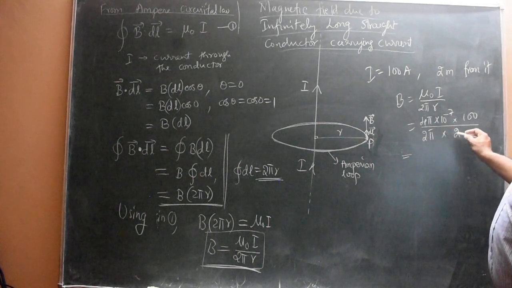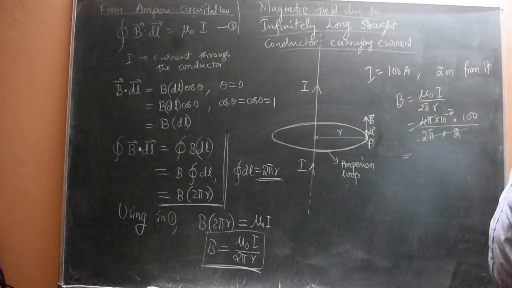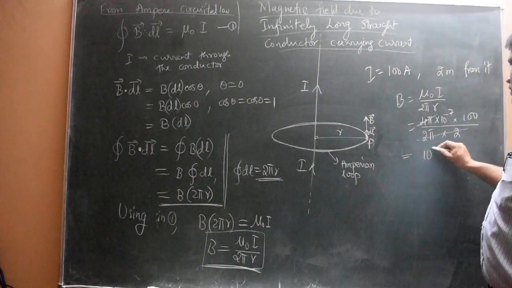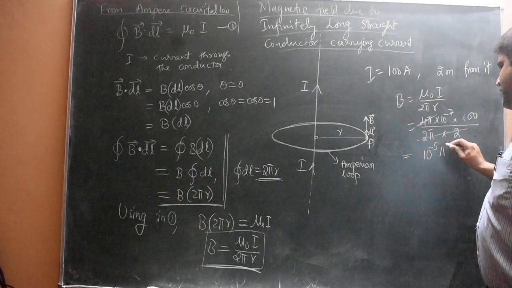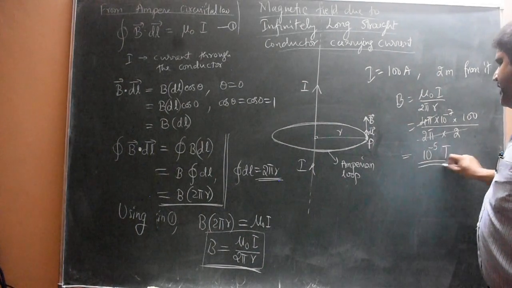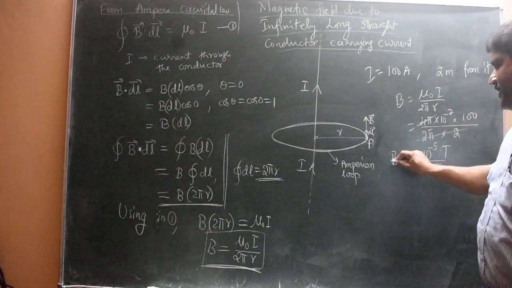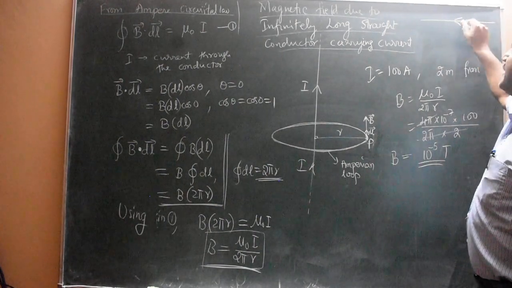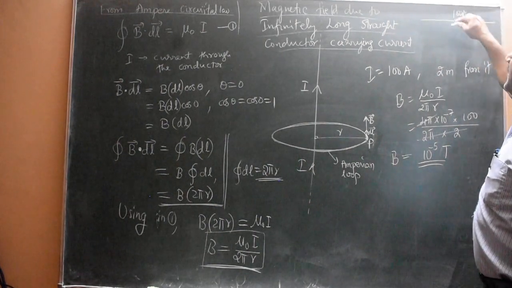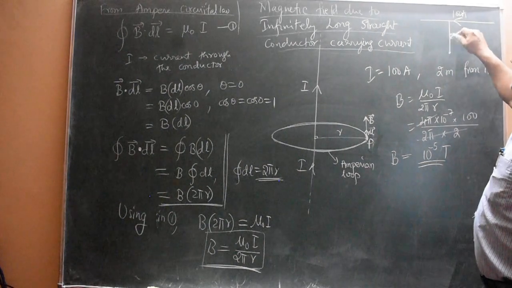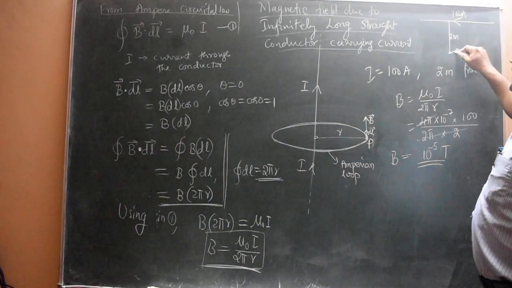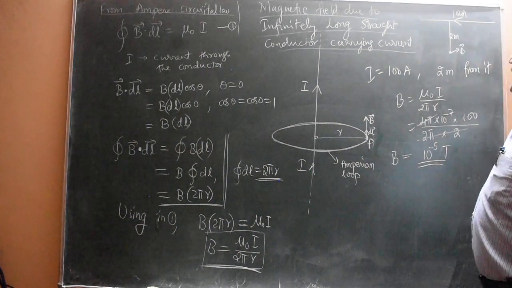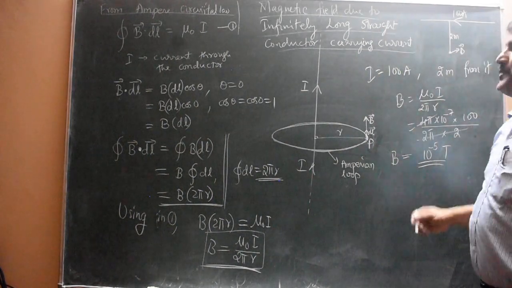Now 2 pi into 2 is 4 pi, and this 4 pi cancels. 100 remains, so 10 power minus 7 times 10 power 2 gives 10 power minus 5 Tesla. The unit of magnetic field B is Tesla. Hence the magnetic field due to a straight conductor carrying a current of 100 ampere at a distance of 2 meter is this much, and it is into the plane of the board if the conductor is horizontal.